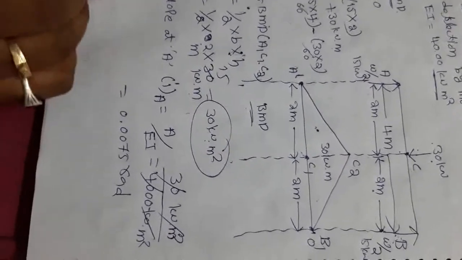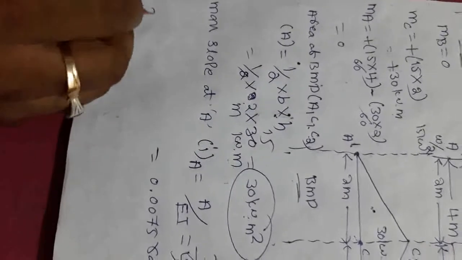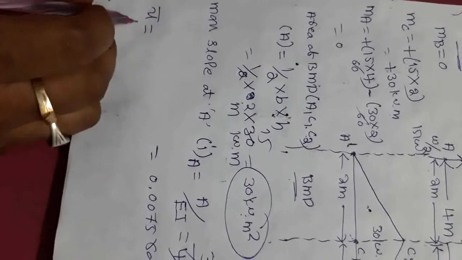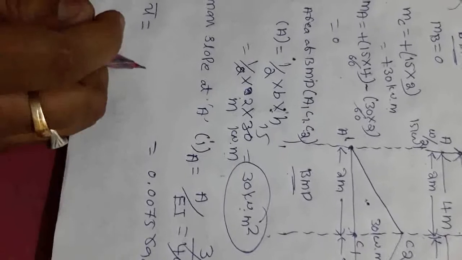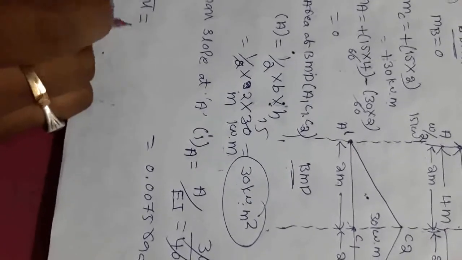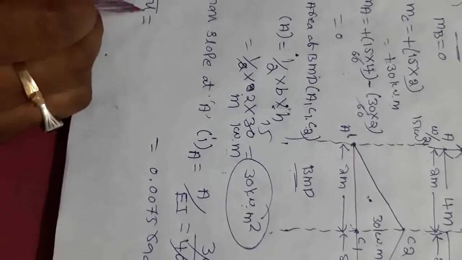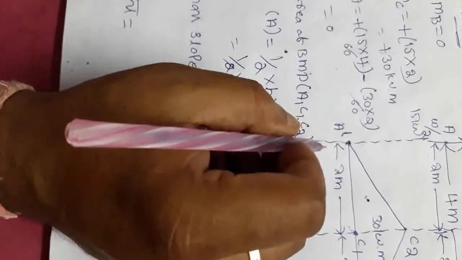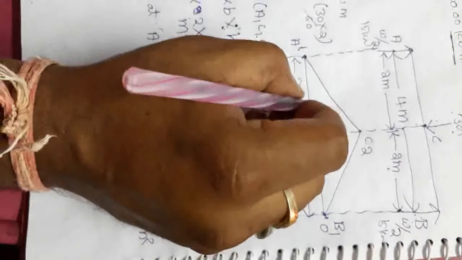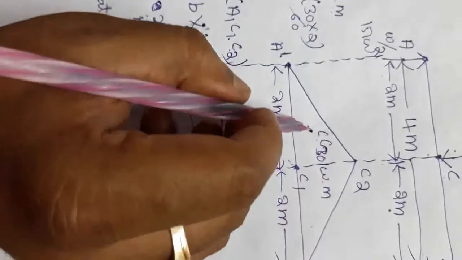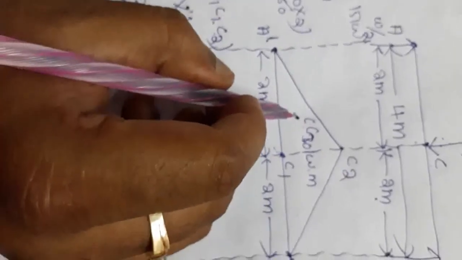And next you can find x bar. For finding the deflection we require x bar. This x bar is nothing but the distance from the support to the center of gravity. For this diagram, this is the center of gravity point.